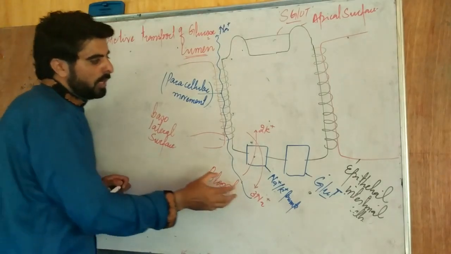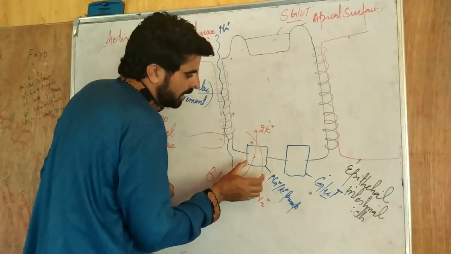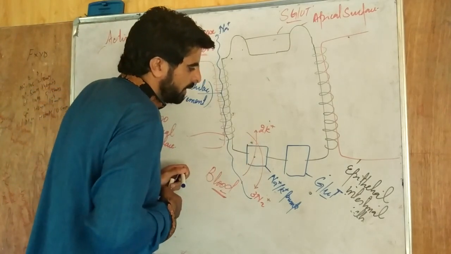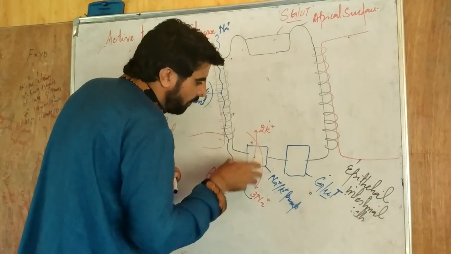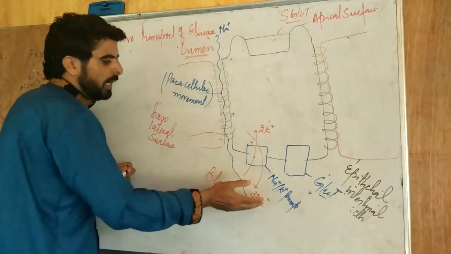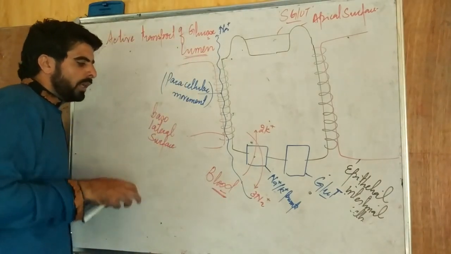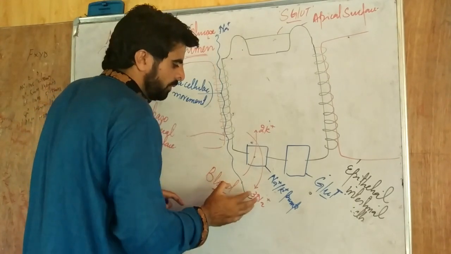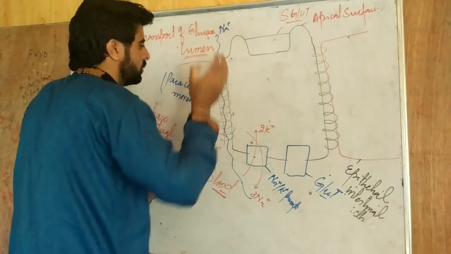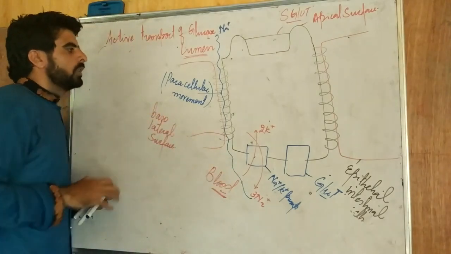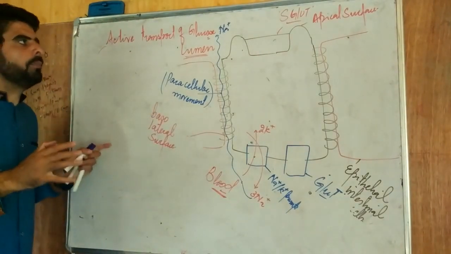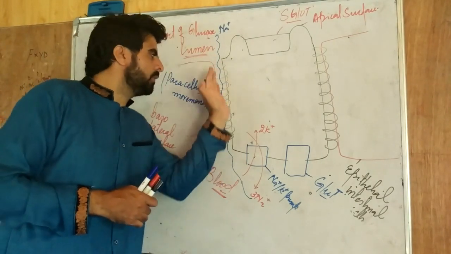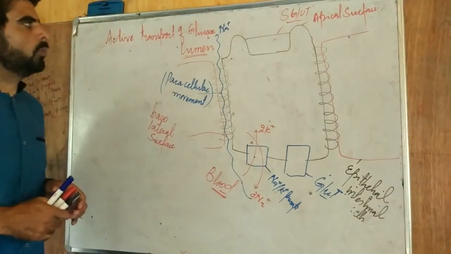That means, we have a sodium potassium pump here, which leads to influx of 2 potassium ions coupled with efflux of 3 sodium ions. And some inorganic ions are allowed to move through this space of the tight junction. So if we take sodium, it's allowed to move, and this sodium is showing paracellular movement. You have to keep that in mind. The movement through this gap, through this junction, is known as paracellular movement.